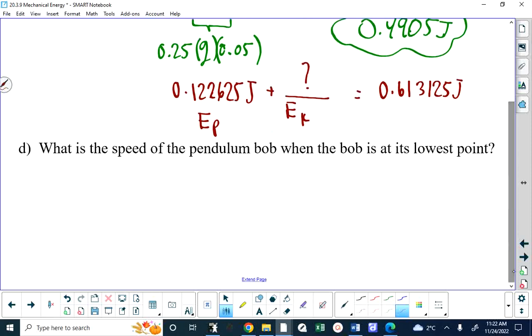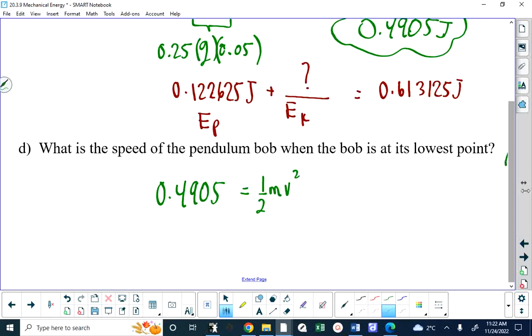And particularly when D is the answer to the question that we really are after. The question would normally be, I drop the pendulum from this location, how fast is it moving at the bottom? So we can take the kinetic energy at the lowest point, which is 0.4905 joules, and set it equal to a half mv squared.